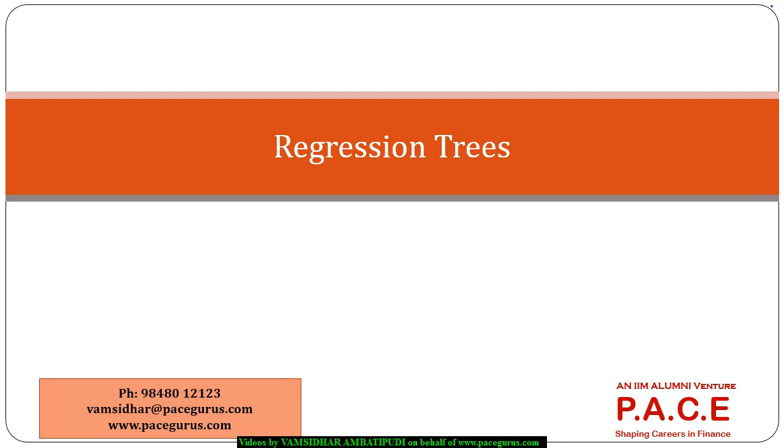Hello everyone. In this session, I'm going to talk about the regression trees. So regression trees are similar to another kind of decision trees. Just like a classification tree, they are also another kind of decision trees.